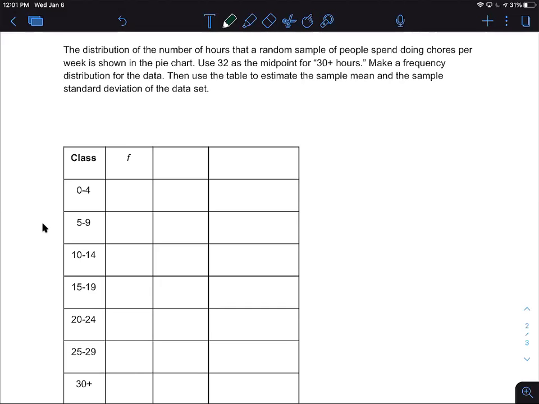Okay, so the one you have on your homework today, it's going to give you a pie chart with the frequencies, and it's going to already have this table set up for you. You're going to be filling in the frequency column. Okay, so it's going to say 0 to 4 hours, and we're going to say 4, 14, 22, 16, 17, 10, and 7.